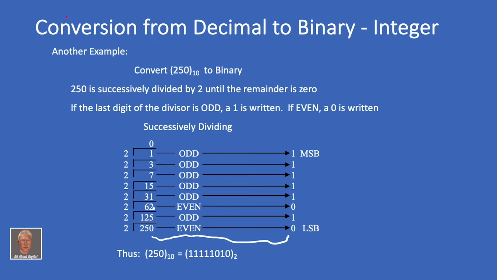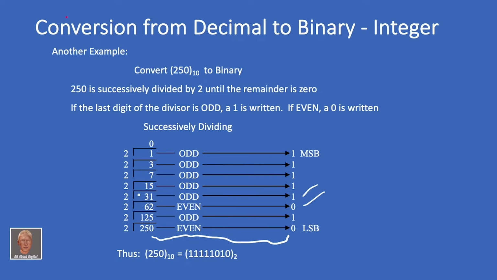125 divided by 2 is 62. Ignore the fraction that we get when we divide 2 into 125. 62 is an even number, so we write a 0. 62 divided by 2 is 31. It's an odd number, so we get a 1.